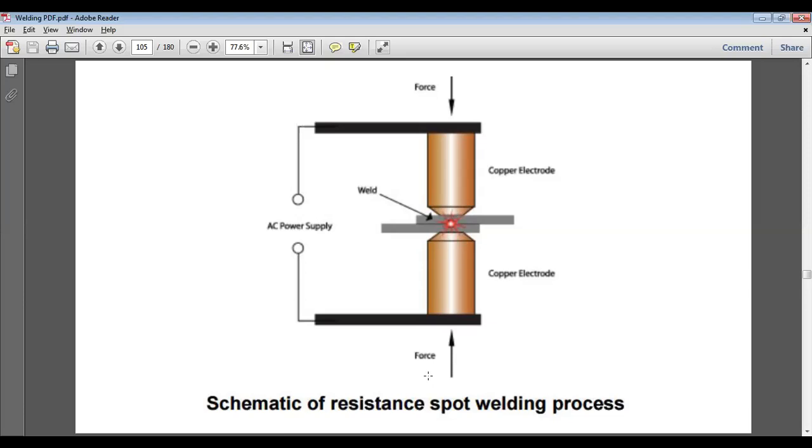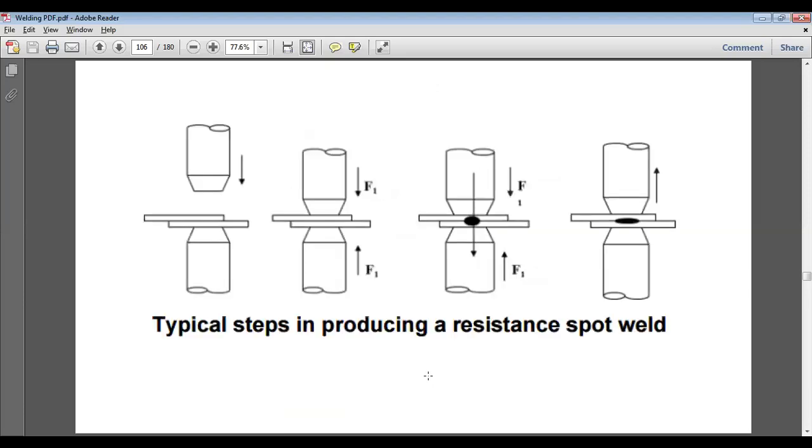Spot welding is an application of resistance welding, where at one spot two metals are welded together. This is a schematic diagram. Initially the top electrode is far away and only it is movable; the bottom electrode is not movable.